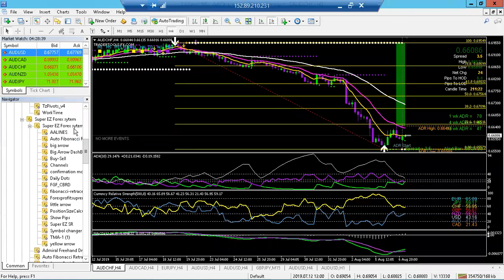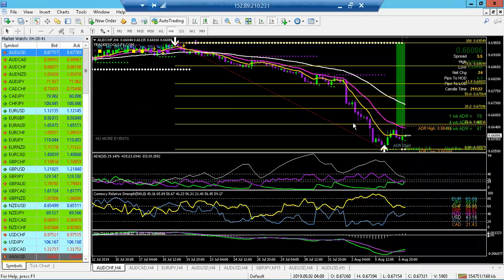Essentially, there's 1,000 different ways to measure Fibonacci, probably more than 1,000. What this little box is telling you is that from this move to this move, that's where it's measuring. In order to get an entire 100% retracement, that's how many pips you have to go.